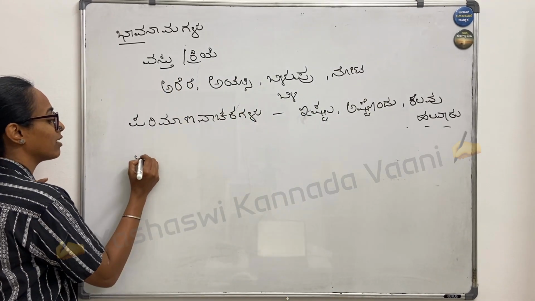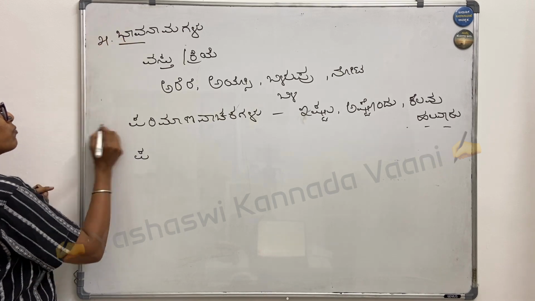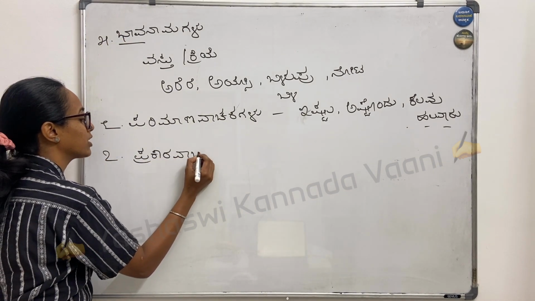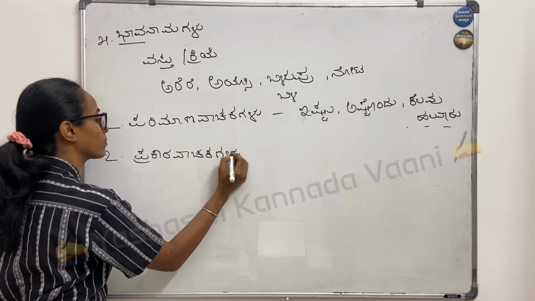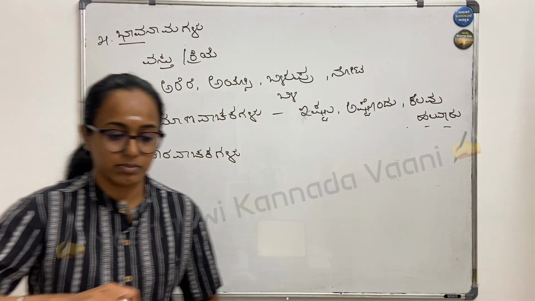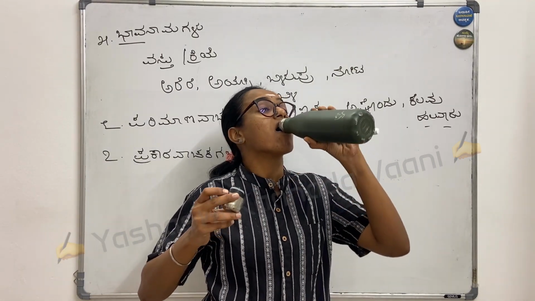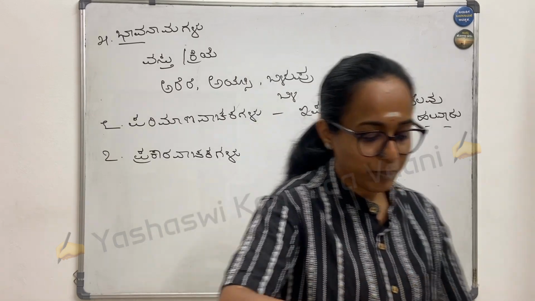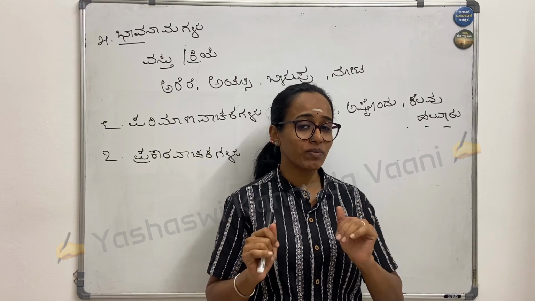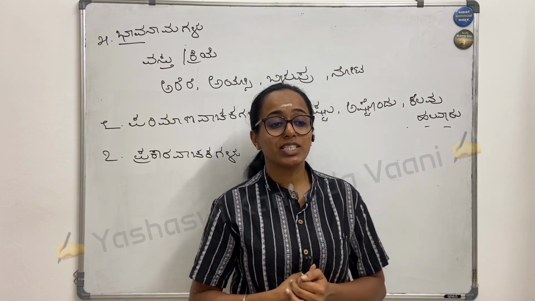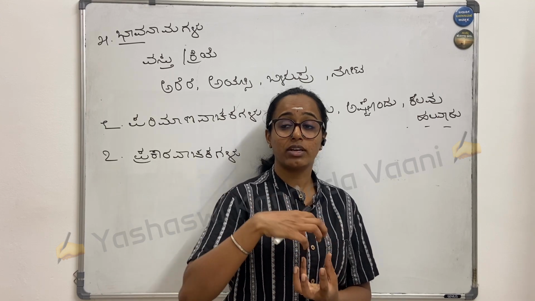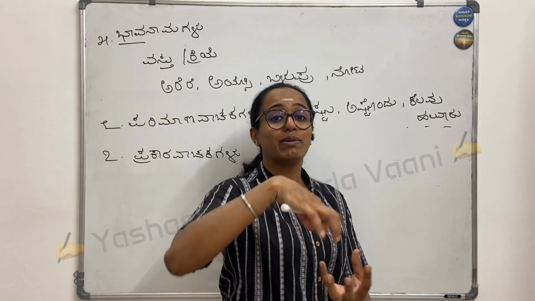The next one is prakara vachaka. So this is the 5th, 6th, 7th one: Prakara vachakagalu. Before giving the definition, prakara vachaka is basically explaining the situation or the people.